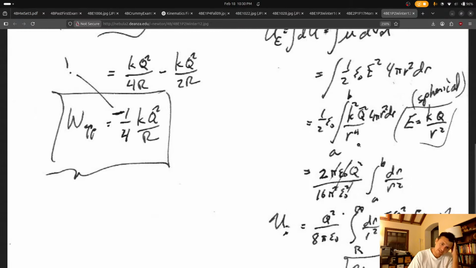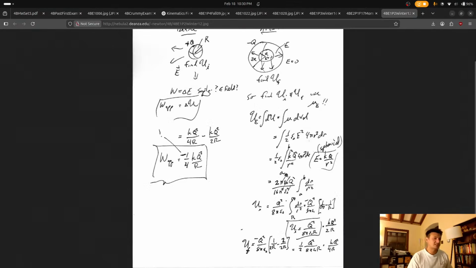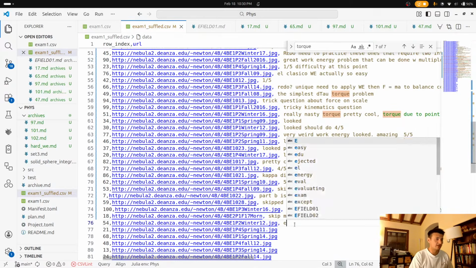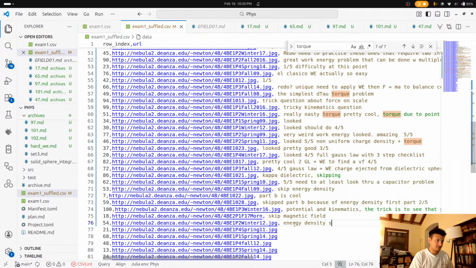Do I have those capacitance problems? I'm skipping this. This is like some energy density thing. I don't actually know what this is about, but I see E squared energy density. Skipping.